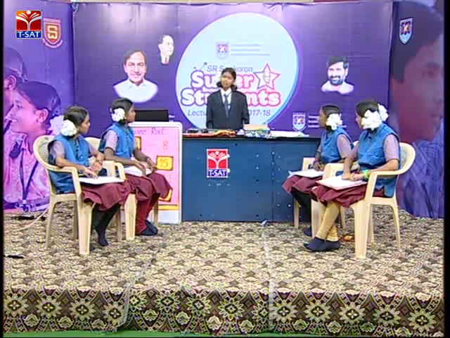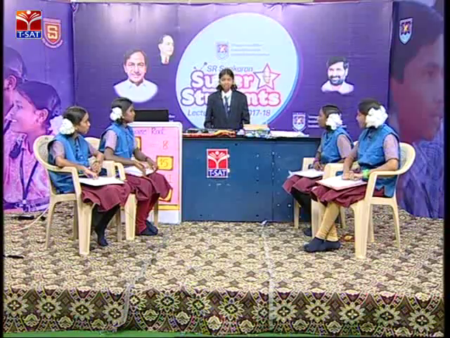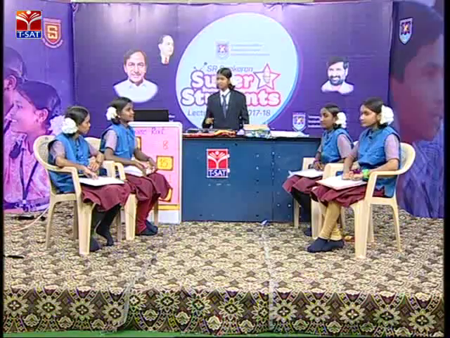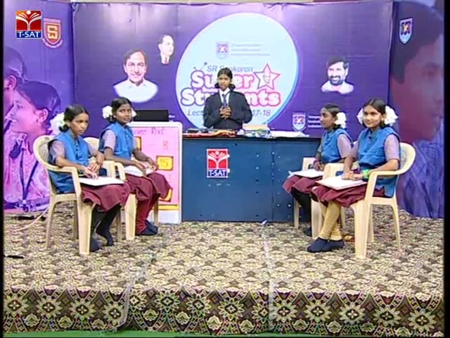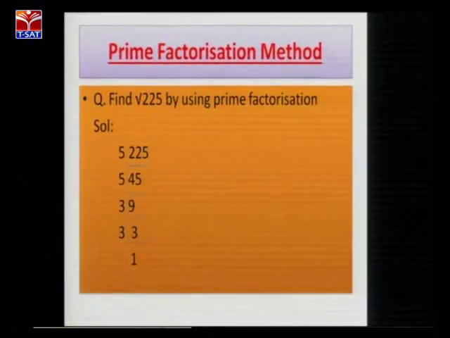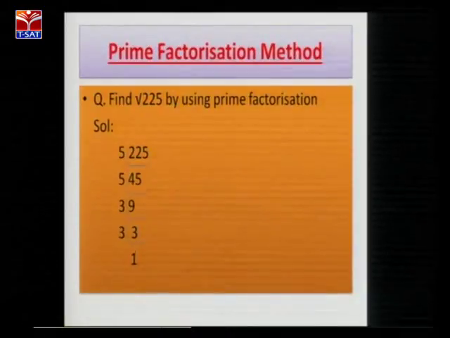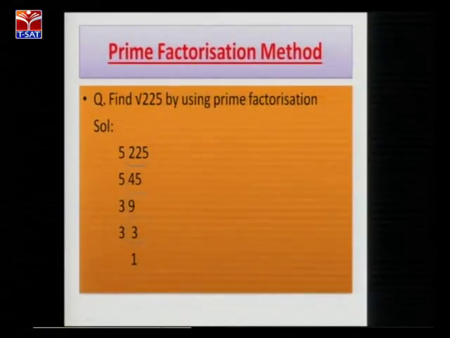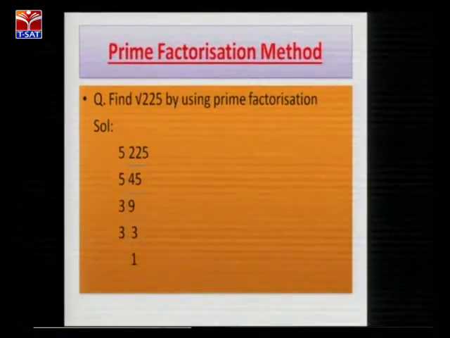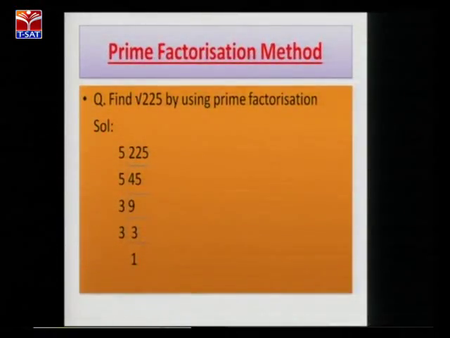Good friends. Friends, what is our second method? Prime factorization method. Yes friend, now we will discuss the prime factorization method. Friends, here we find the square root of 225 by using the prime factorization method. 225 is divisible by 5. 5 4s are 20, it remains 2, it becomes 25. 5 5s are 25.